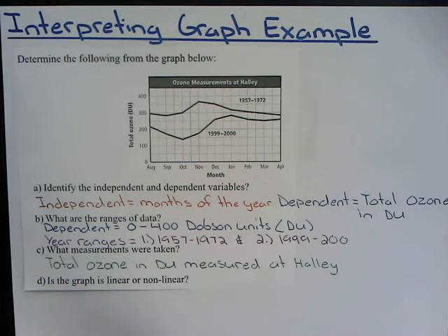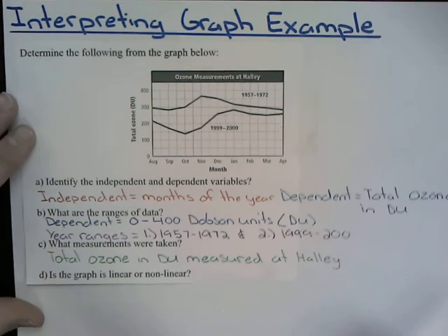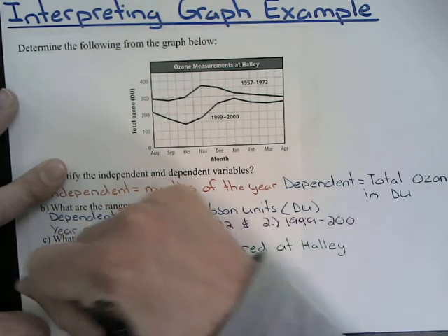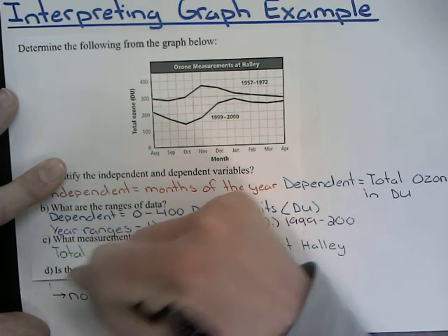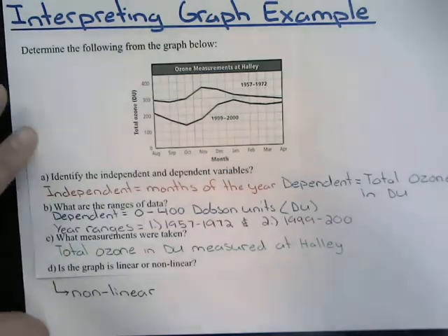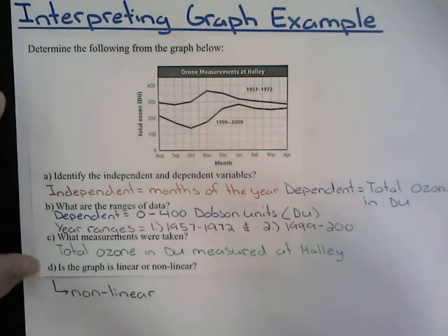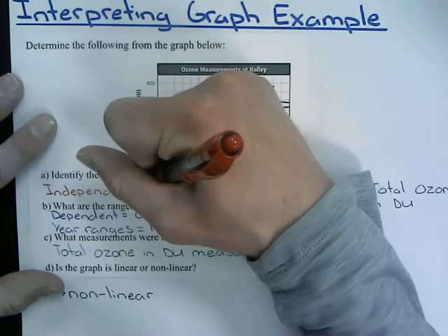Okay, so our last question here is: is the graph linear or nonlinear? Well, to be linear, you have to have a completely straight line. You see how both lines actually curve up and down? Because of that, it is non-linear. Another thing I've noticed by looking at the graph a little more is that the months of the year are not every single month, but specifically from August to April.